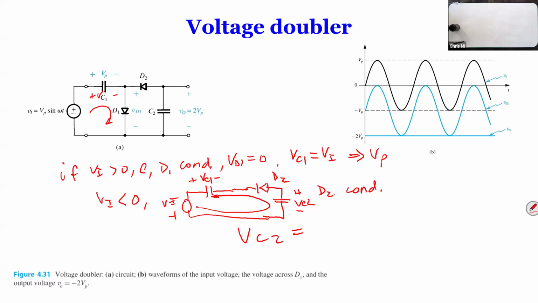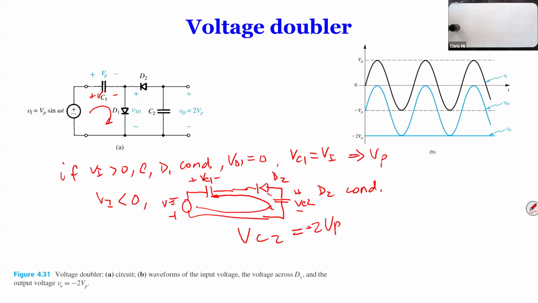Let's say this one goes to VP, and this one another VP. So therefore, this is going to be 2 VP. There was 1 VP from the last capacitor charging up. Actually, it should be minus 2 VP, right?